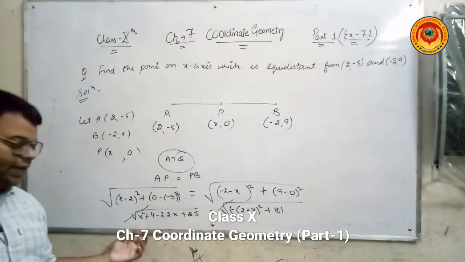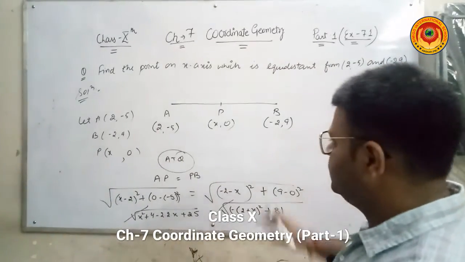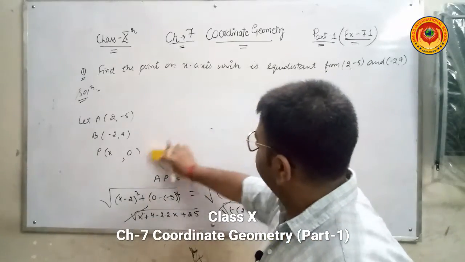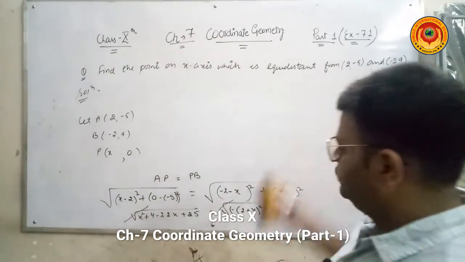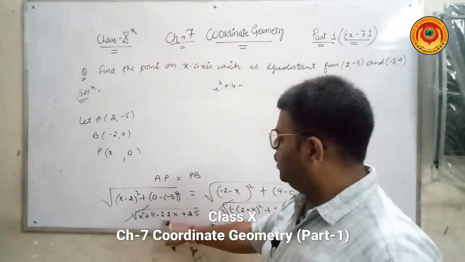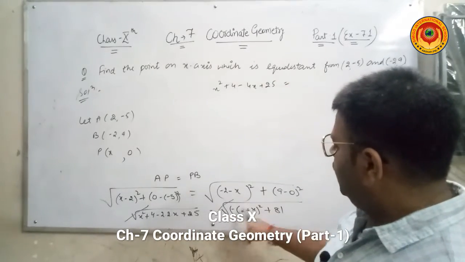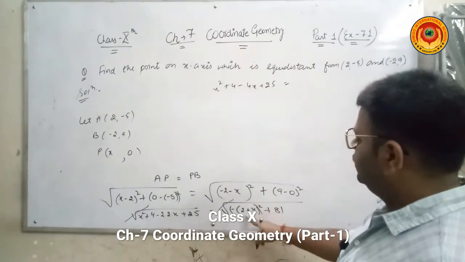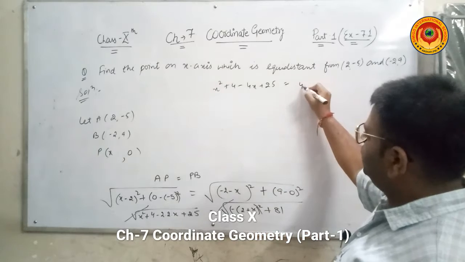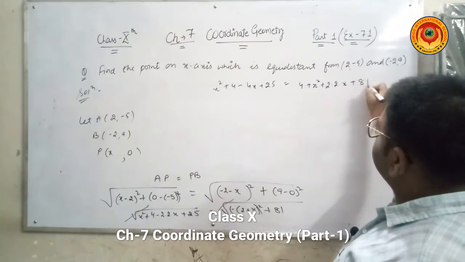It's up to you. Now next step is x square plus 4 minus 2 2s are 4x plus 25 is equal to, minus square is plus, a plus b whole square, a square plus b square plus 2ab plus 81.